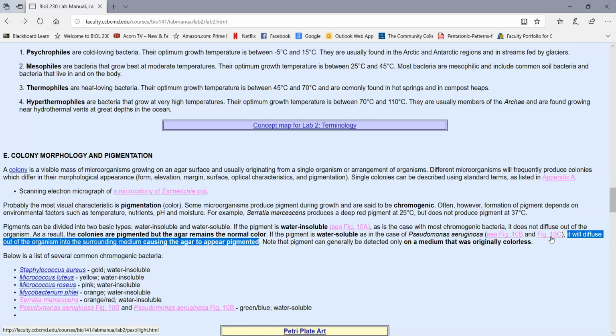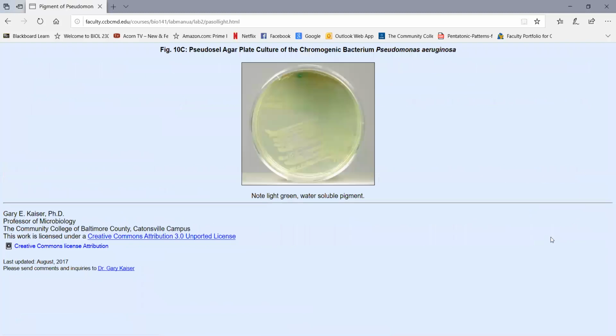Figure 10c shows you an early plate of that, which is a brief overnight incubation. Now, this was a plain colored agar. It was tan in color. But notice that this is producing a green pigment, and that pigment is beginning to diffuse into the agar. So we can see the early stages of the water-soluble pigment being produced.